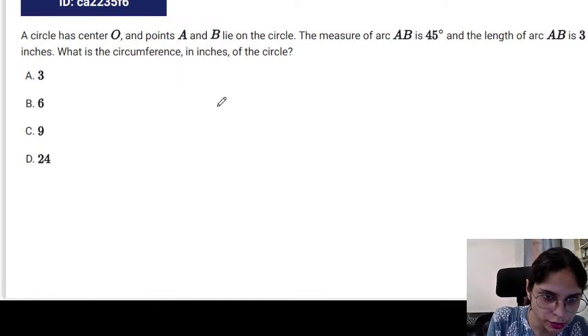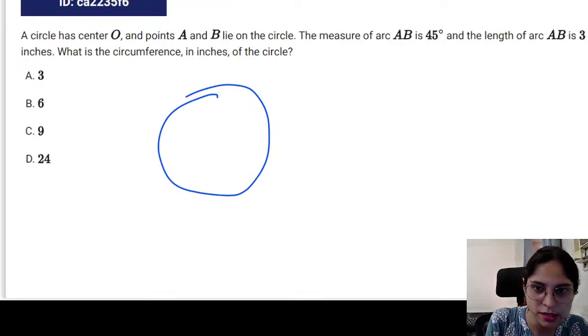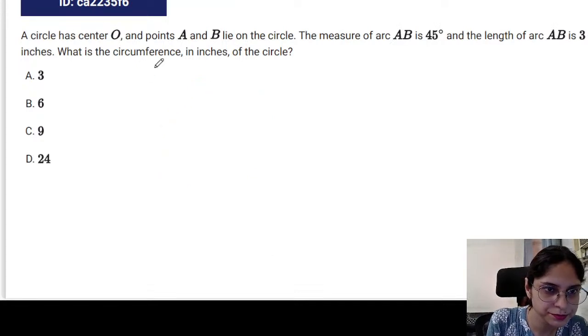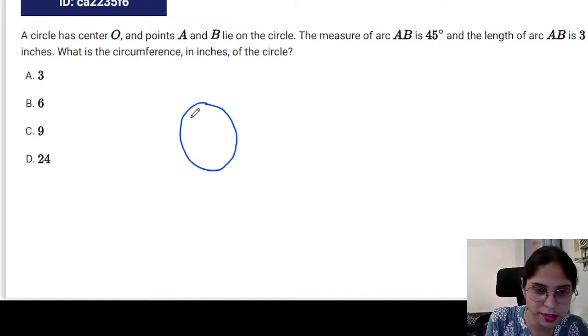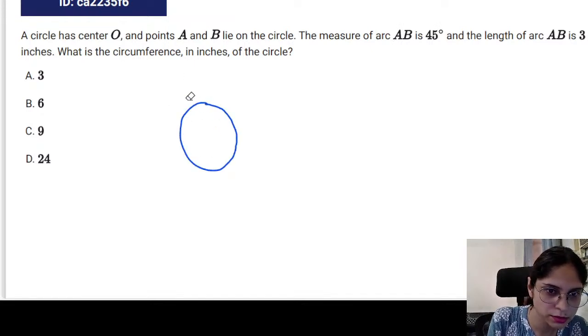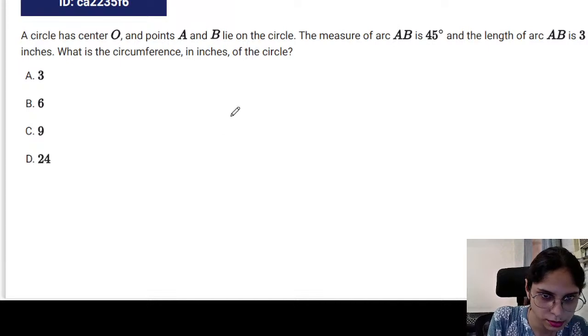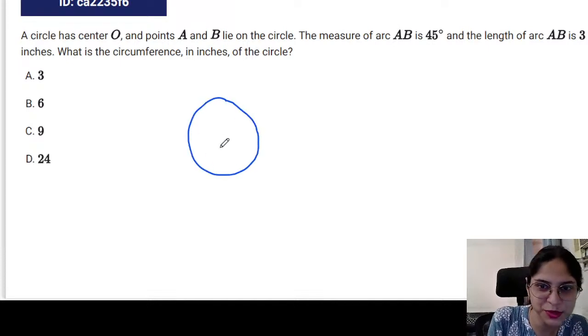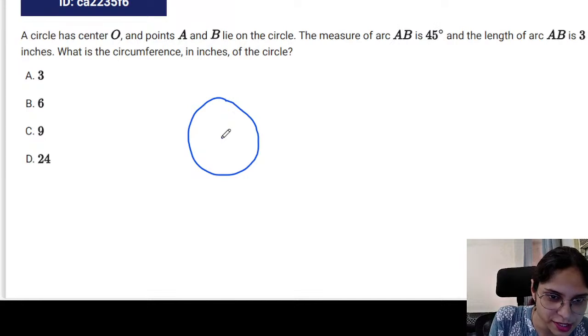So let me draw the diagram. Oh my god, that's a very bad circle. That's very small. I think that will do. So you have your center over here and A over here, and it's just 45 degrees, so B is over here.